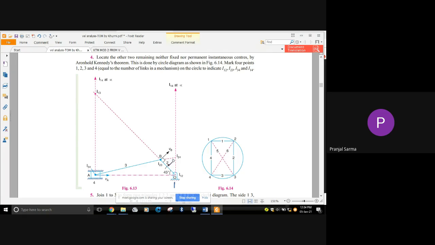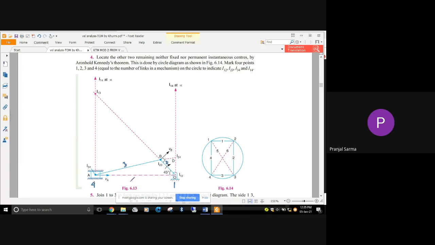This is 1, the crank is 2, this is 3, and this is 4. Up to this much, any confusion? Let me know. No, sir. Okay, thank you.